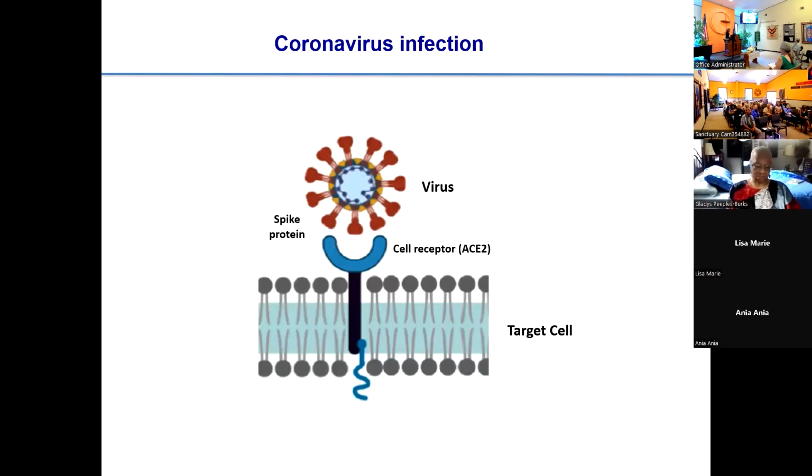The crown has this spike, the S protein, which connects to the cellular receptor shown in the slide. This interaction between the spike protein and the cellular receptor allows the virus to enter the cell and replicate to make more viruses that can spread to other cells in the body.